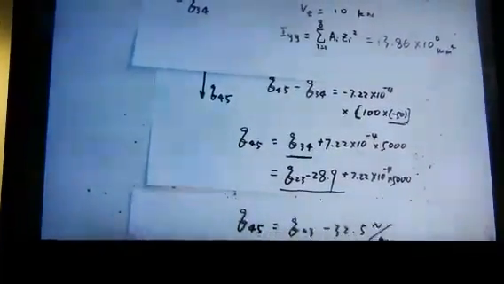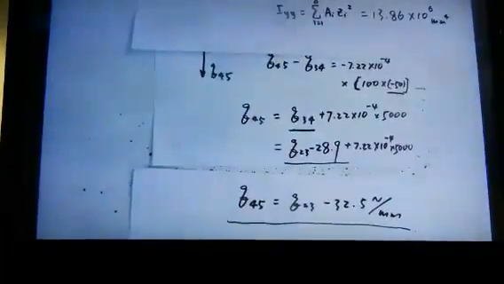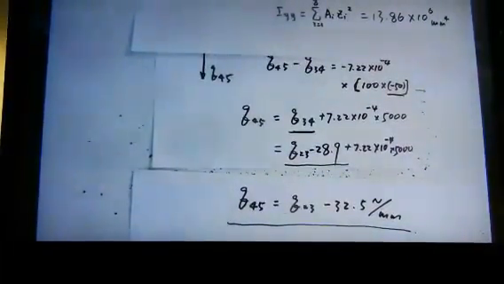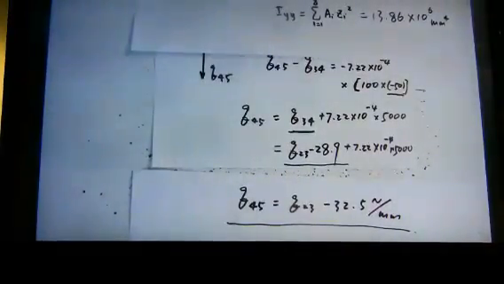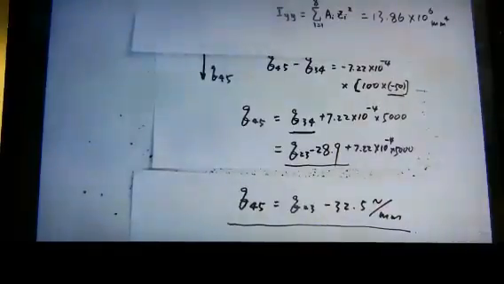As I said, I'm trying to write every other shear flow in terms of Q23. Q34 is a function of Q23. Q45 is also a function of Q23.